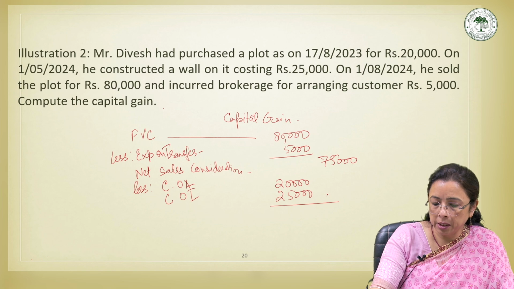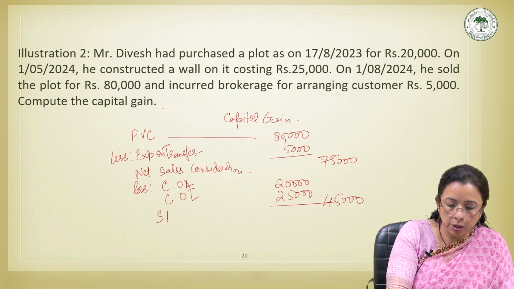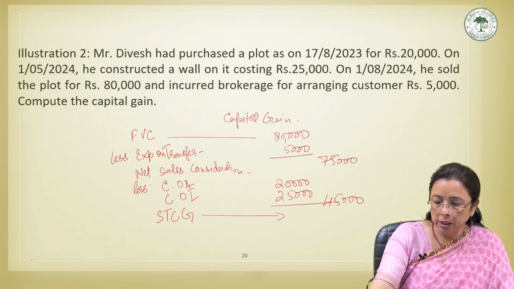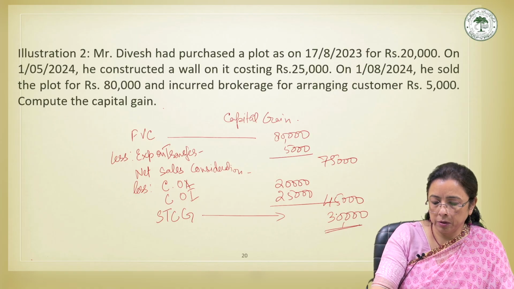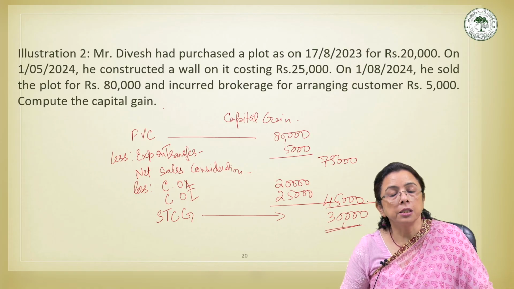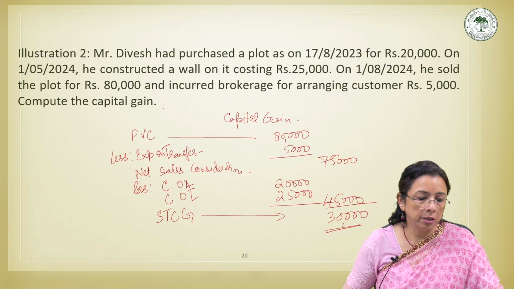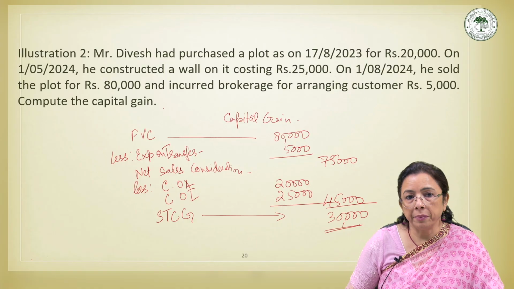So that makes it 45,000. So the short term capital gain is rupees 75,000 minus 45,000, that is 30,000. This is how we compute the short term capital gain.